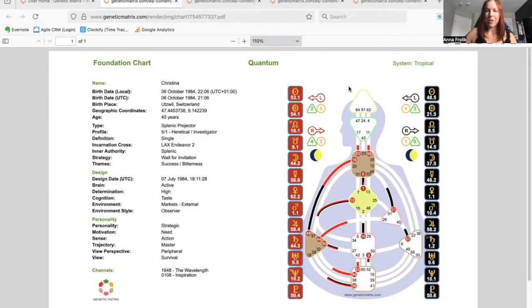Like if you make a plan for something, okay, so this is my strategy and I'm going to implement it that way, it's typically not going to work for you. Down here, this is going to be a lot more receptive, or you're just going to have to wait for the right timing. So you might get a sense of a certain strategy that might work for you, but you can't really plan it that way.